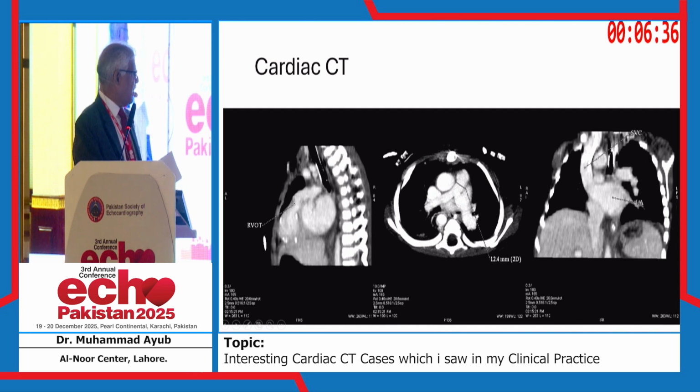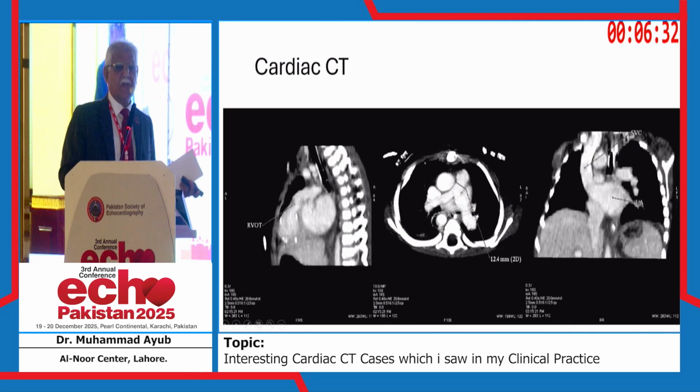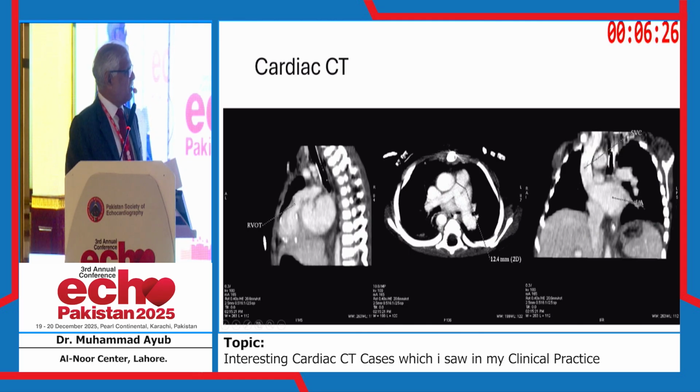The TOF was adequately corrected, pulmonary vessels were adequate, but still the boy was cyanotic. The additional finding was that the SVC, instead of going to the RA, is going directly to the LA. Again, an anomaly of the venous system.